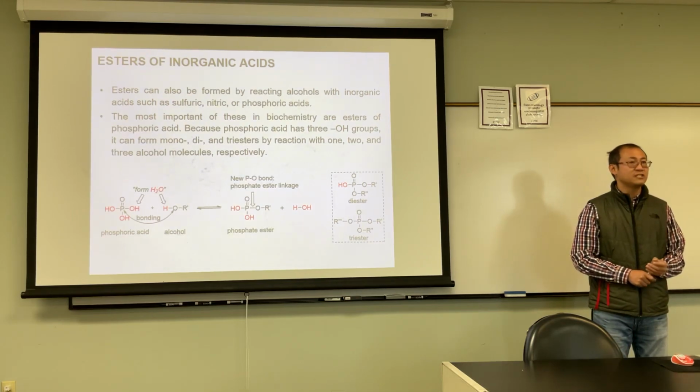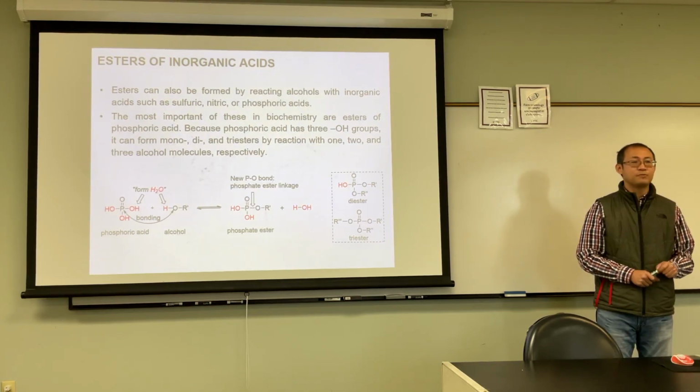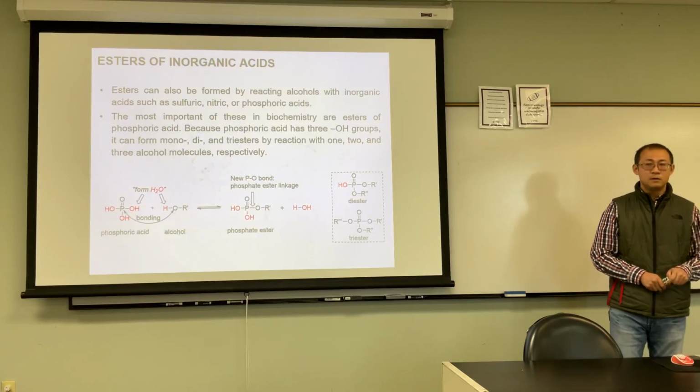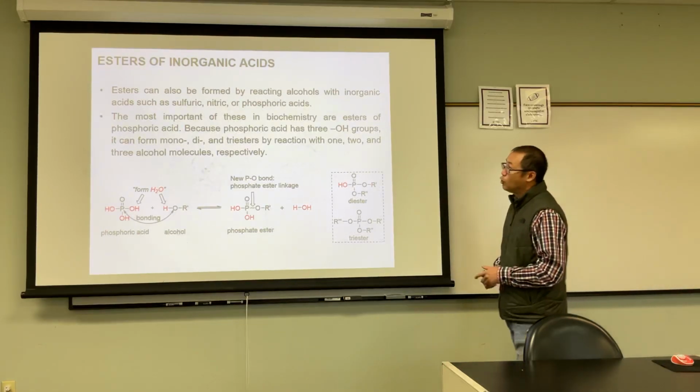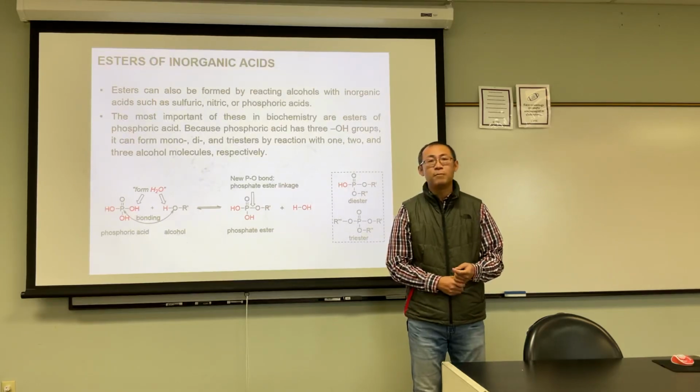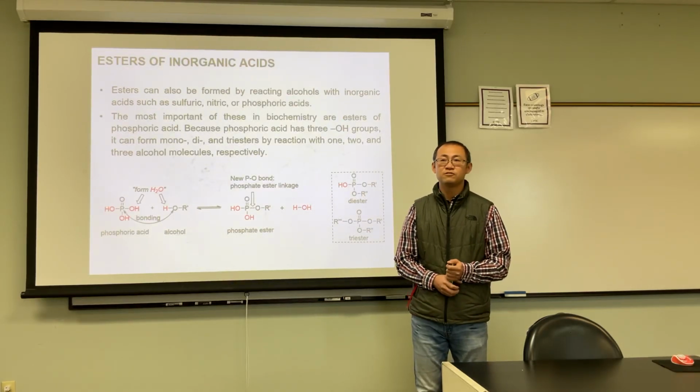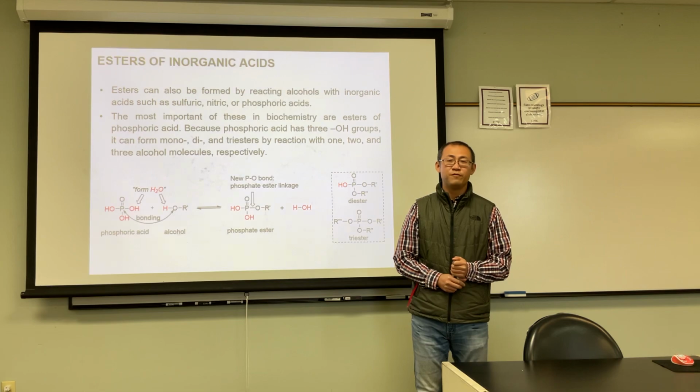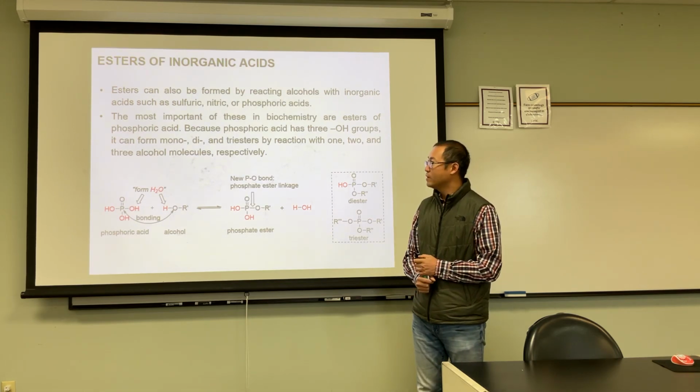That's why we study this topic in chapter 5. Normally we don't deal with inorganic acids, but we will see this type of structure a lot in the next few chapters of biochemistry.